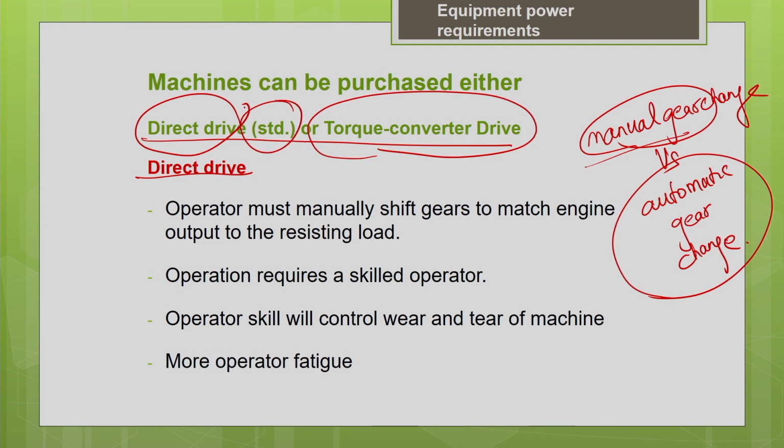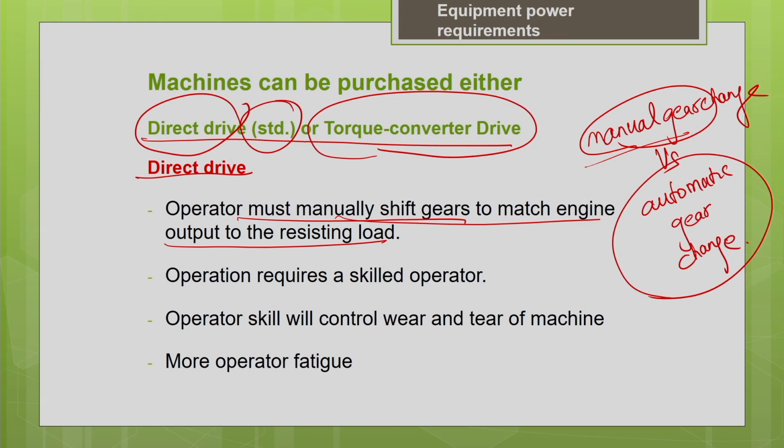In direct drive transmission, the operator has to manually shift the gear according to the load conditions in your haul route. You have to manually shift the gears to match the engine output to the resisting load. If the load conditions are highly variable, it will be really tedious for the operator to change the gear appropriately.